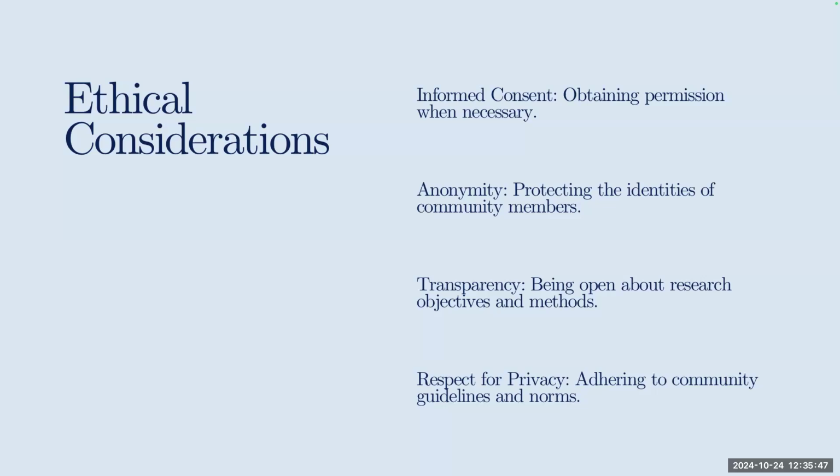You have to make sure that the information presented in the findings doesn't reveal the identities of the real people that you have collected data from. This is not just to preserve privacy, but it also aligns with ethical research practices that respect the participants' rights, especially if they are not aware that they are being studied.